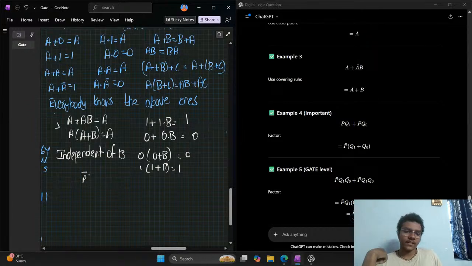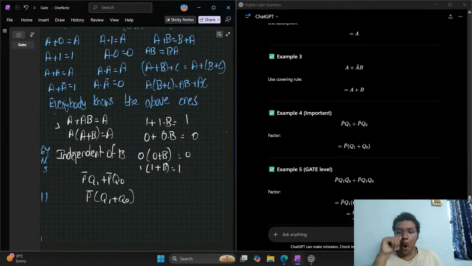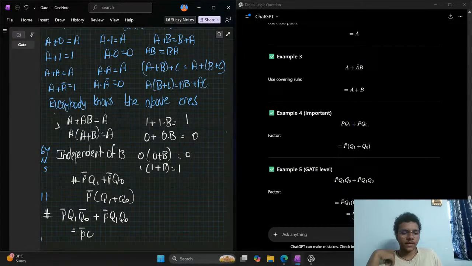So if you have something like P dash Q1 plus P dash Q naught, then you can write P dash into Q1 plus Q naught. Okay. And similarly P dash Q1 Q naught dash plus P dash Q1 Q naught, you can write P dash Q1 and Q naught plus Q naught bar.